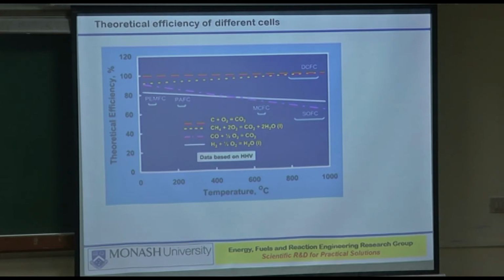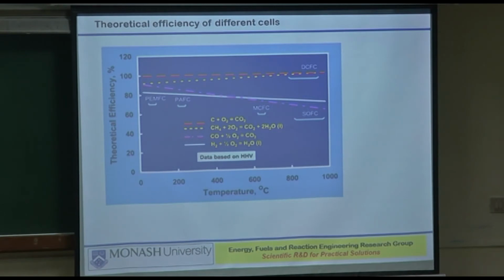DCFC is the standard, the direct carbon fuel cell, and then you have the other fuel cells like the PEM fuel cell, polymer electrolyte membrane, PAFC, then the MCFC, the molten carbonate fuel cell, or the solid oxide fuel cells. So we'll see each of those a little bit later.